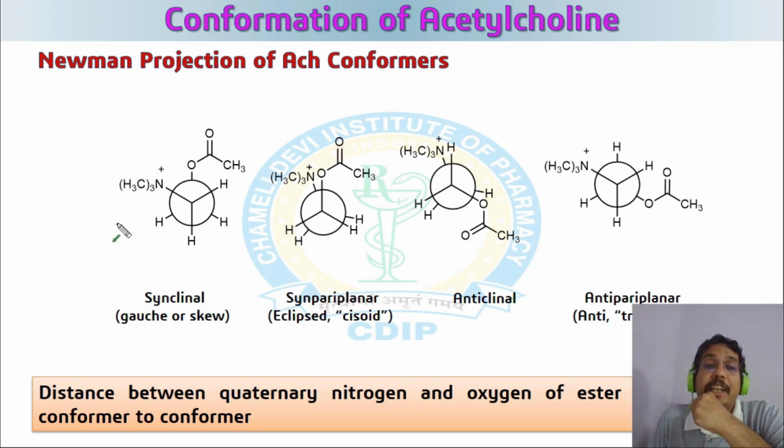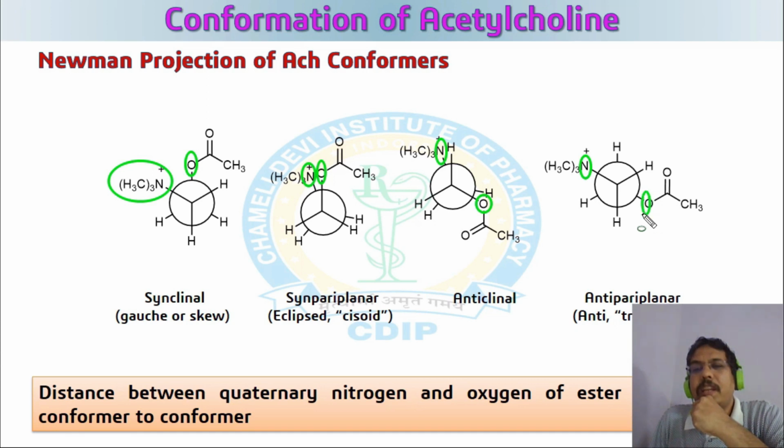One is synclinal, which might be known as gauche, and then the difference of the nitrogen of the amine to the oxygen of the ester in the synperiplanar conformer of acetylcholine, the anticlinal conformer of acetylcholine, and the antiperiplanar conformer of acetylcholine.